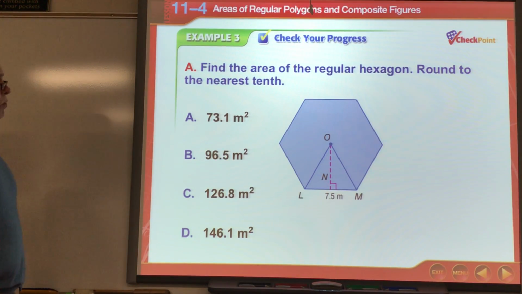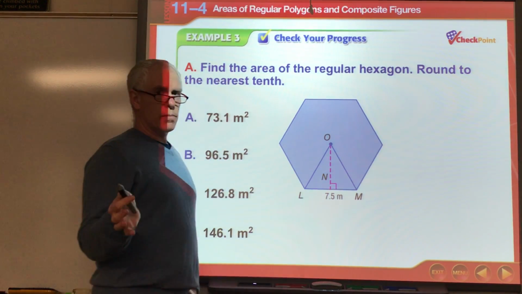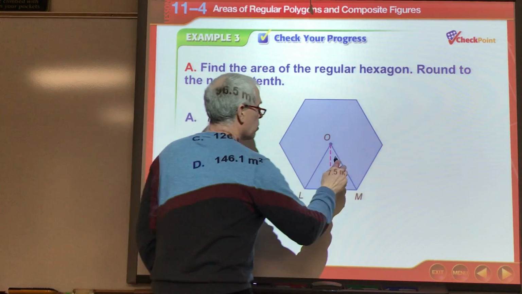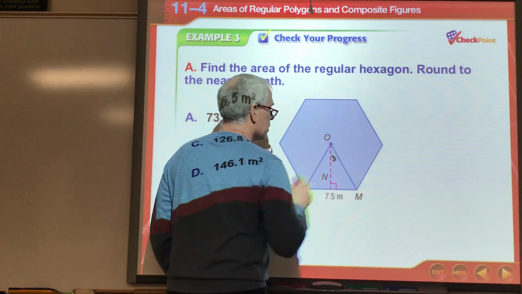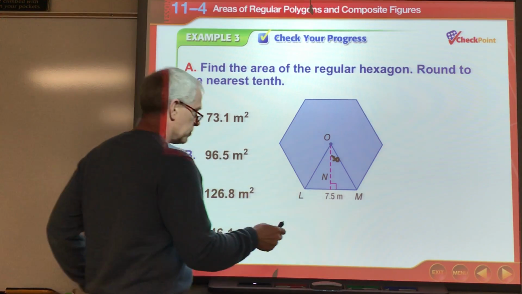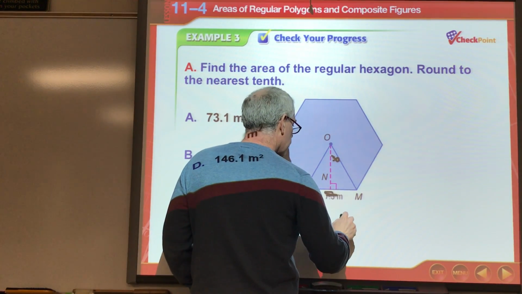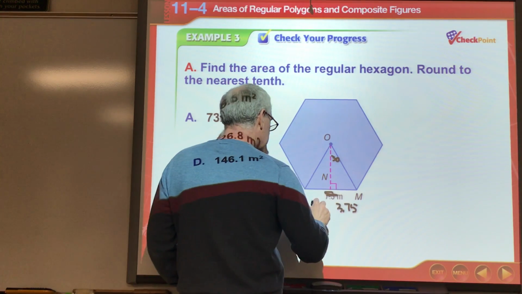All right, so find the area of a regular hexagon, round to the nearest tenth. So again, 360 divided by 6 gives me 60. I break that in half, I've got 30. Okay, one whole side was 7.5. So when I break that in half, I've got 3.75 for each of these parts.